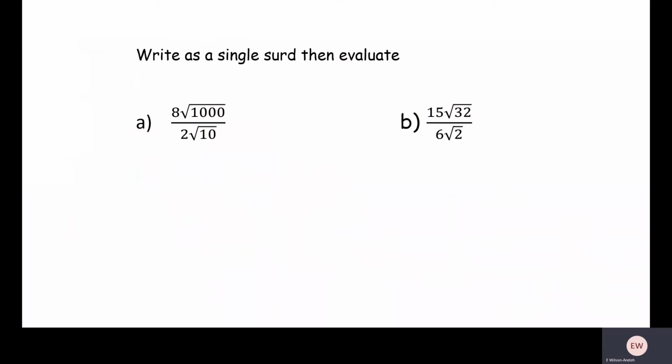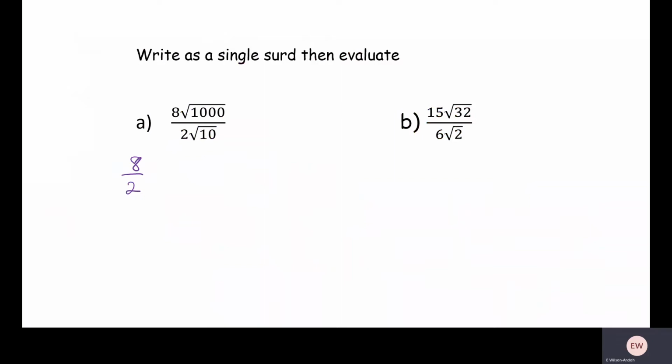Now, please pause the video and have a go. So in the first question, this will be 8 over 2 because 8 is not a surd and 2 is also not a surd, so they are not going to come in the square root.